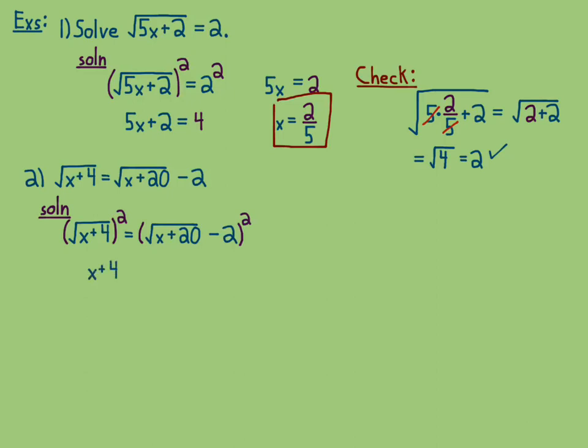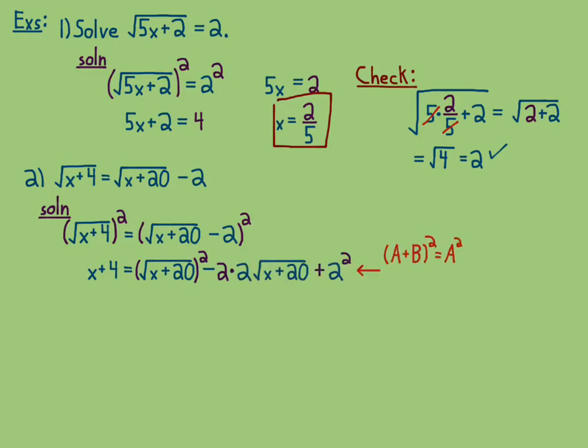So on the left, you just get x plus 4. On the right, you're going to have to multiply this out. I'm just using this perfect square. This is the binomial theorem for index 2. You need to know this formula. I took the first one squared plus twice the product of these 2.